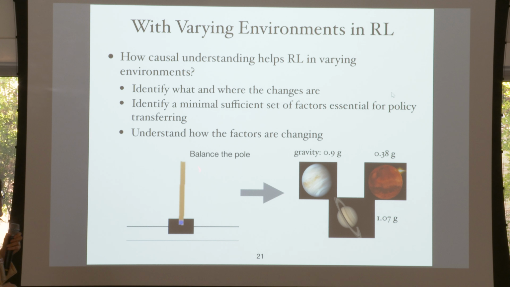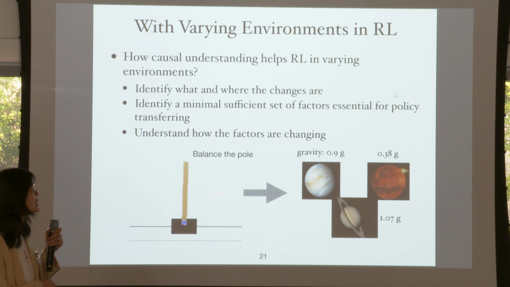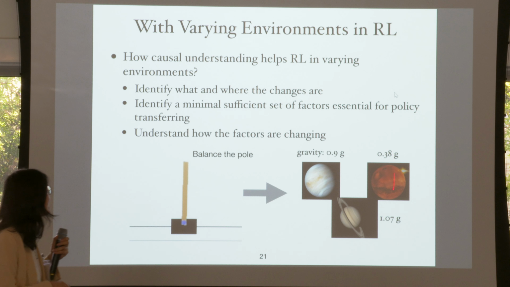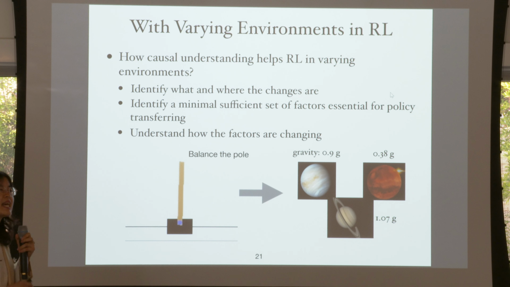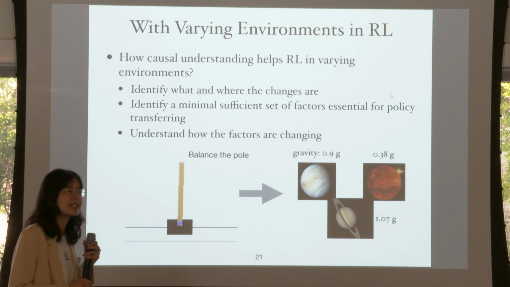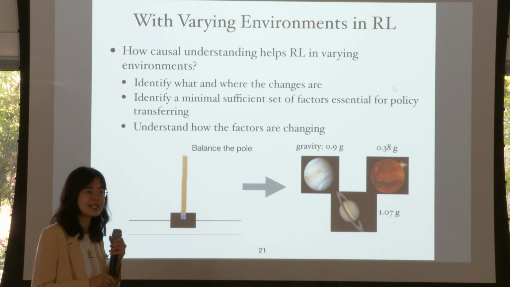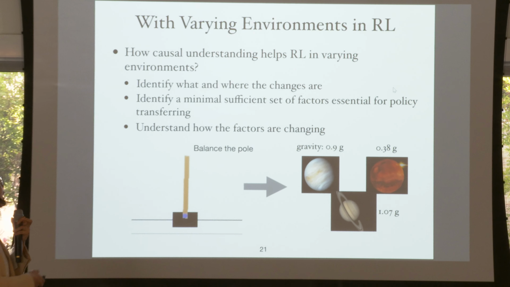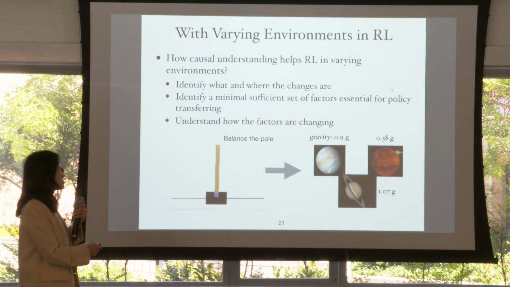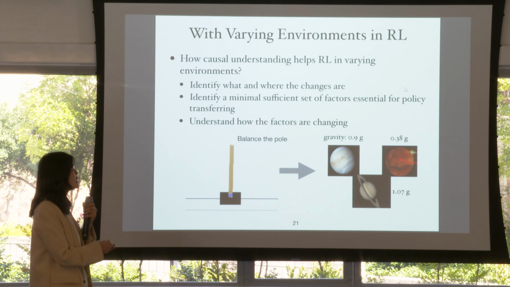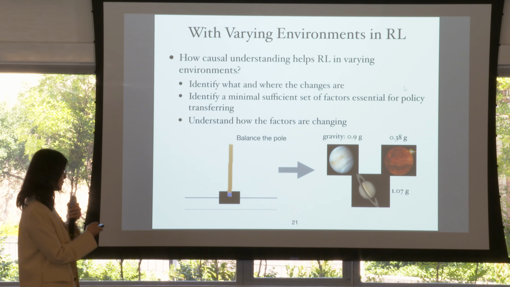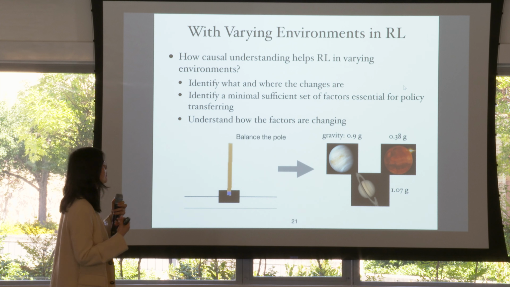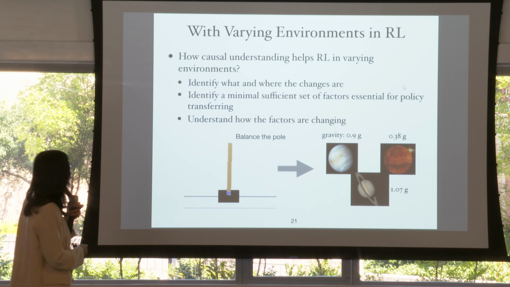For instance, suppose we transfer the system from Earth to Mars with the change of gravity. If the agent can understand that it is the change of gravity that makes the change of policy, then the agent can very quickly adapt its policy by only learning the one-dimensional gravity factor, without re-optimizing the underlying policy.